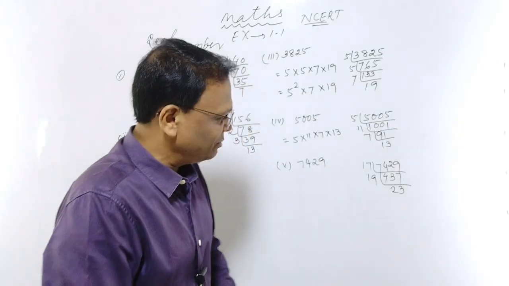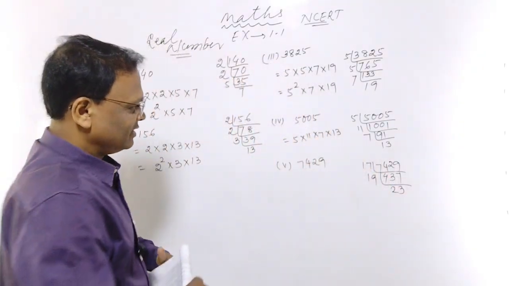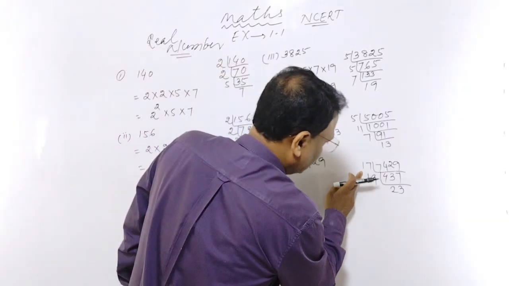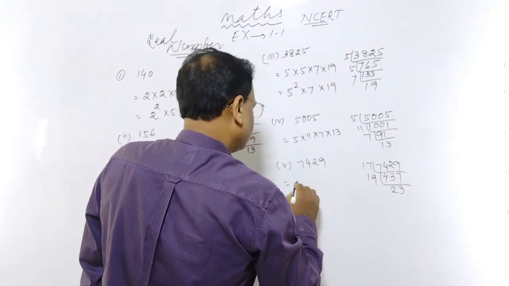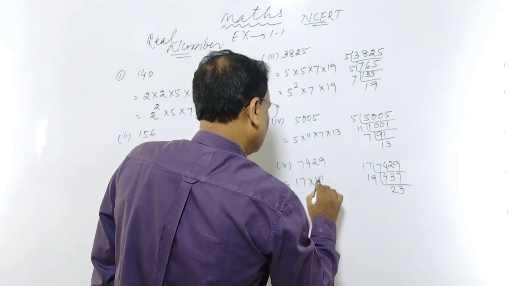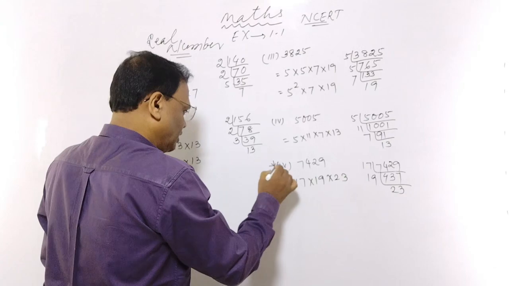That means this number consists of all prime numbers. Those numbers are 17, 19 and 23. So this is 17 into 19 into 23, which is a very unique one.